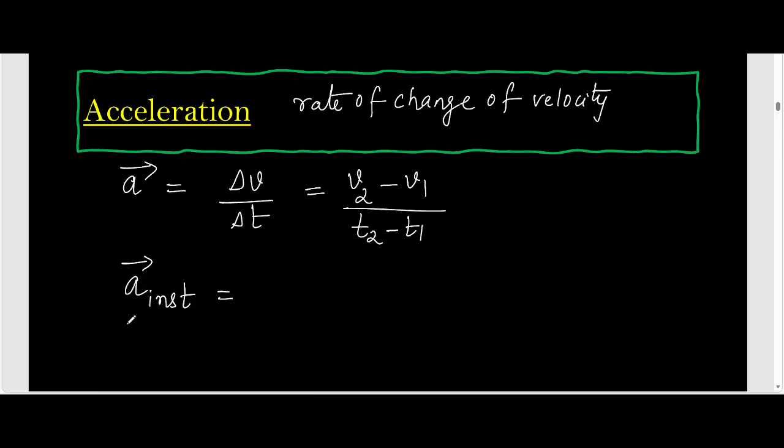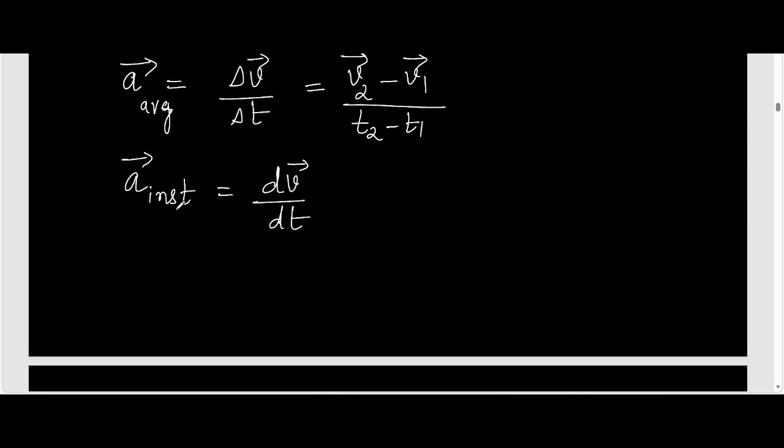Now the same thing for instantaneous acceleration, we have to differentiate velocity with respect to time. Clear with this? Two accelerations. Average acceleration is change in velocity by change in time. Instantaneous acceleration is dv by dt.